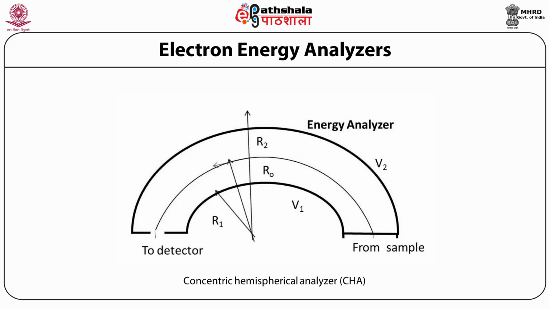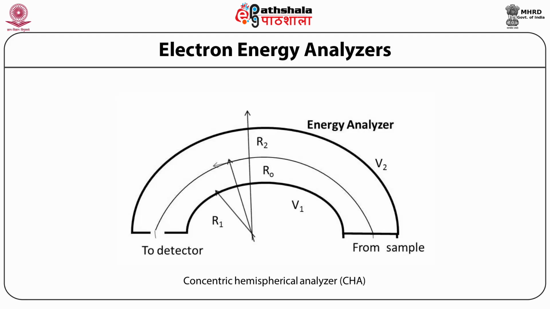A slit at one end of the CHA allows electrons from the sample to enter, and a slit at the other end of the CHA lets the electrons pass through to an electron detector. The electrons are focused by an electrostatic transfer lens before being injected into the CHA, and their energies are reduced to a certain level.